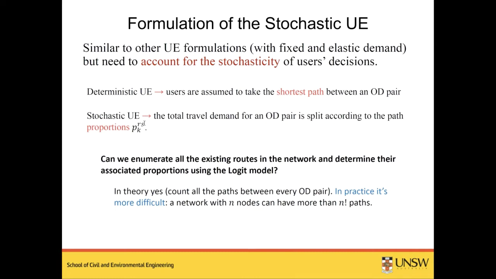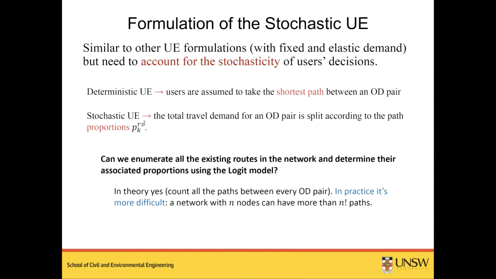People don't really have exact knowledge of what the travel times are, and we went over the route choice modeling using utility maximization theory, where we define a utility function and then calculate the probability of each path being selected using the logit formula given that utility function.